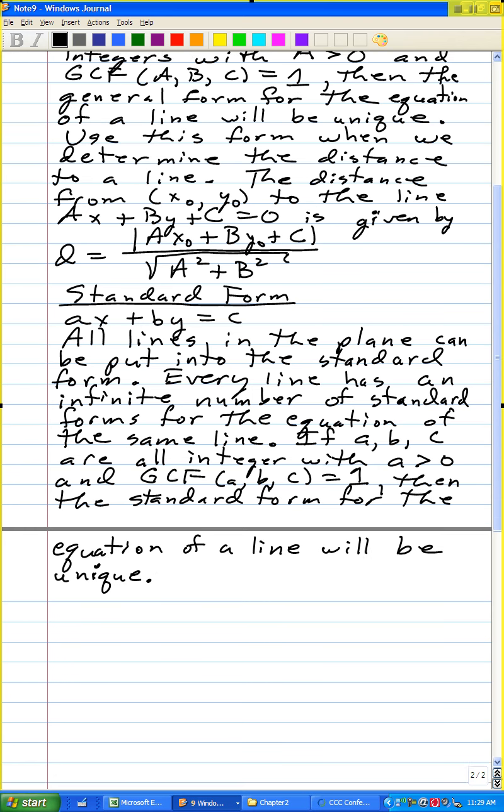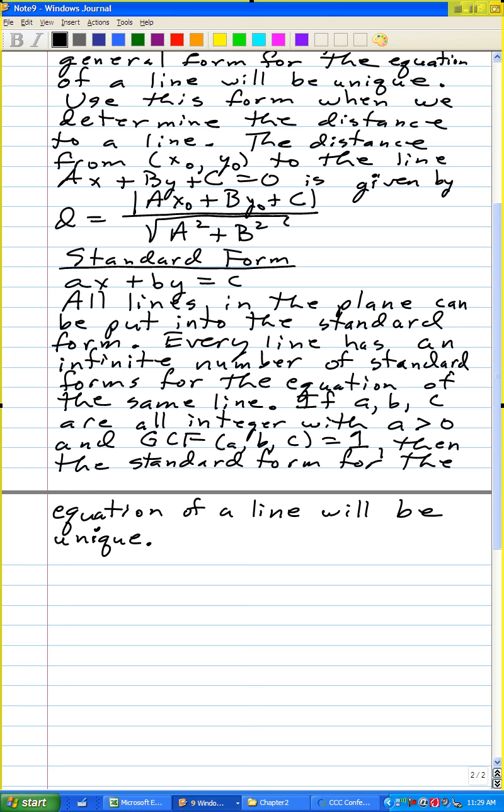Usually we use this when dealing with more than one line. So usually we will use this when dealing with systems of lines, systems of linear equations.